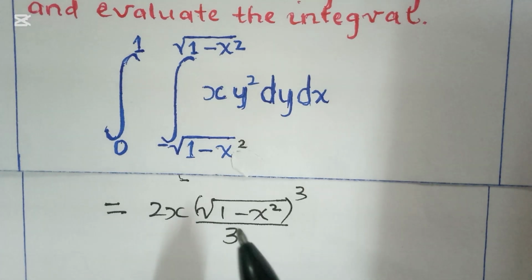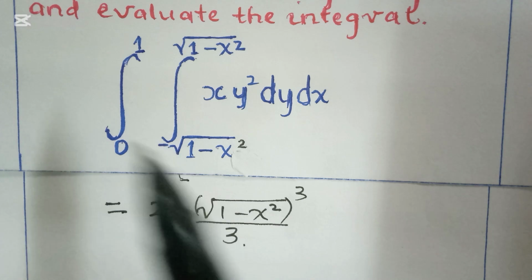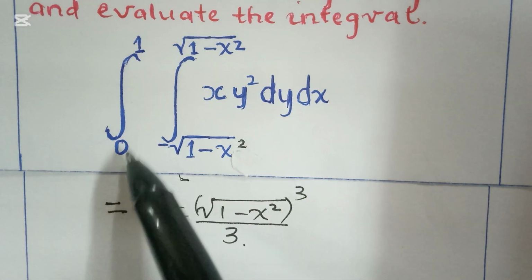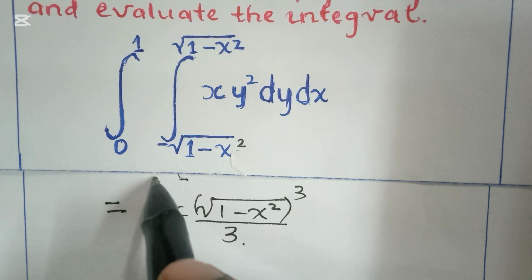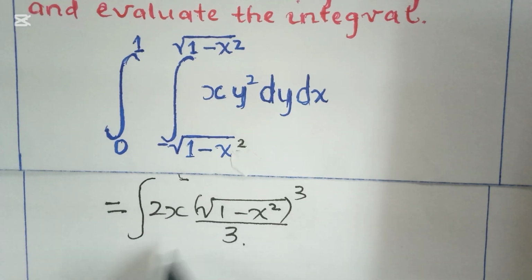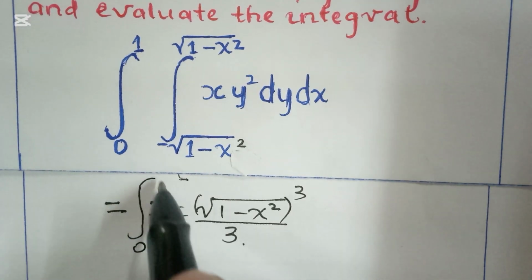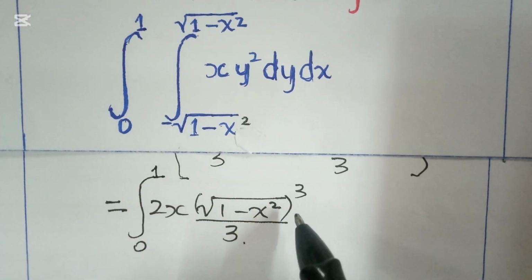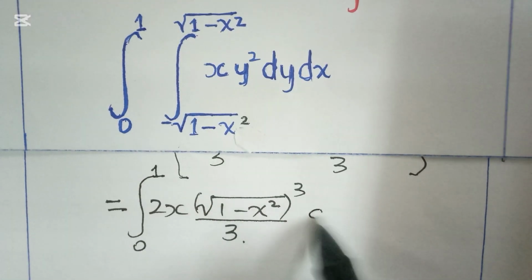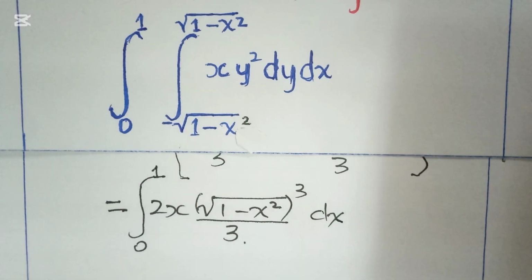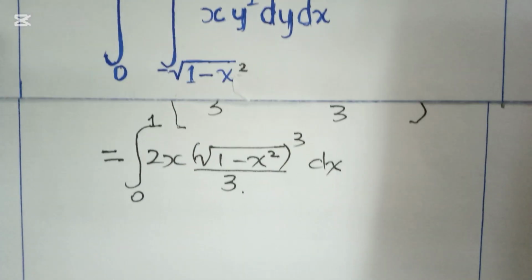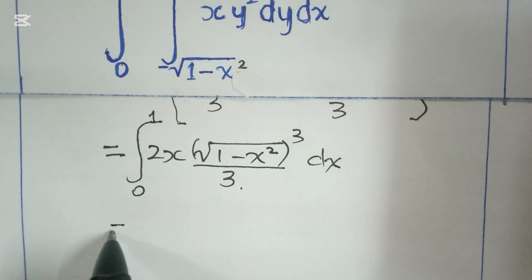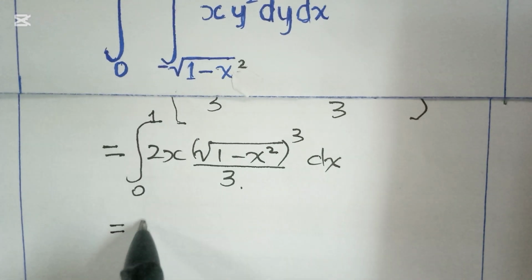We now integrate with respect to dx, and the limits are 0 and 1. So we put that integral, this is 0 and this is 1, and we are integrating with respect to dx. That's what we are having. We continue from there. I can factor out a third.